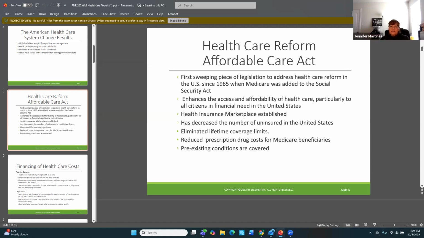And so it has decreased the number of uninsured in the United States. Has it completely eliminated the amount of uninsured? No. We still have plenty of people that don't have health insurance. With that, the Affordable Care Act established the marketplace.